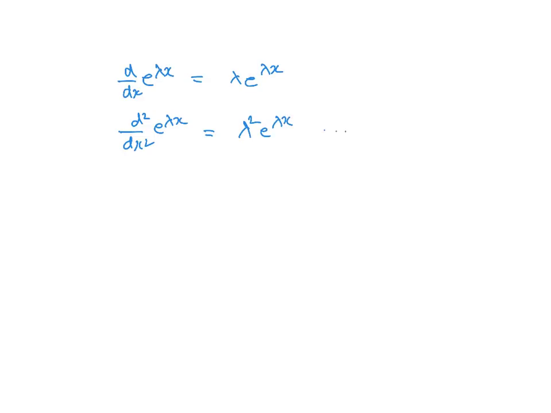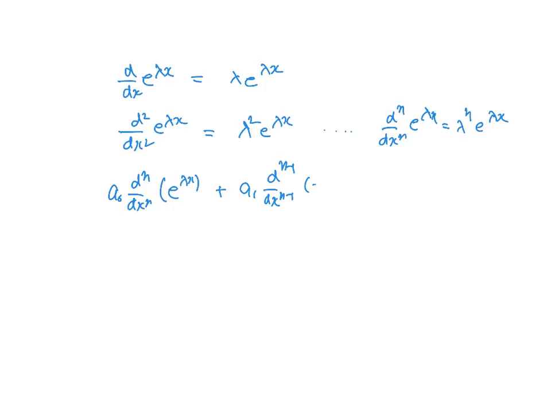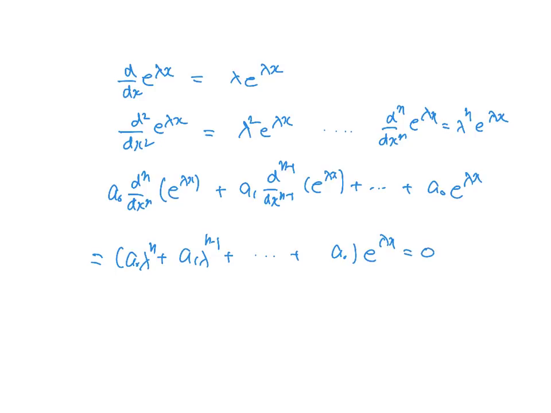So you can continue this process, so as a trial solution, a0 d^n/dx^n exponential lambda x plus a1 d^(n-1)/dx^(n-1) and so on gives a0 lambda^n plus a1 lambda^(n-1) and so on, times exponential lambda x, is equal to 0, right?